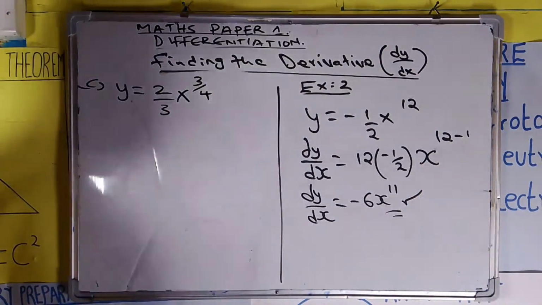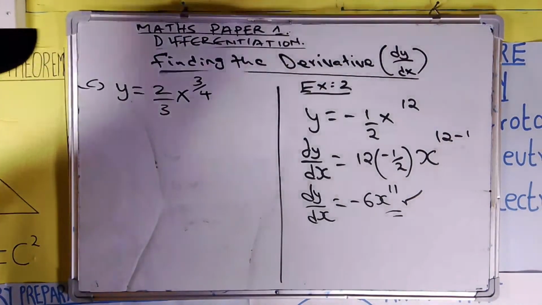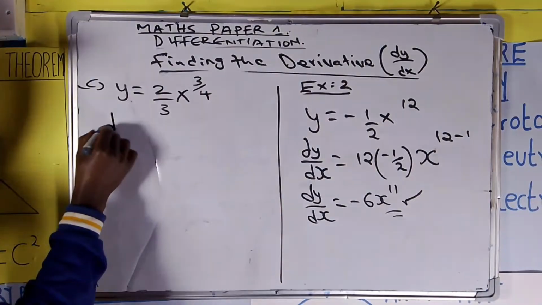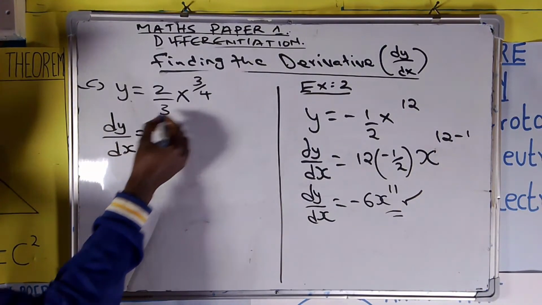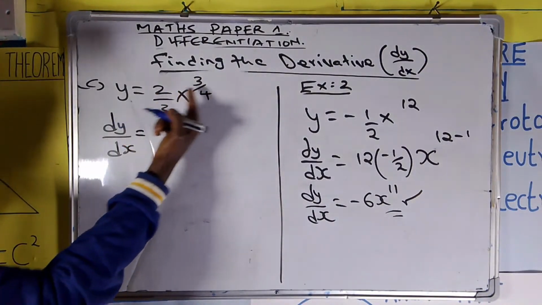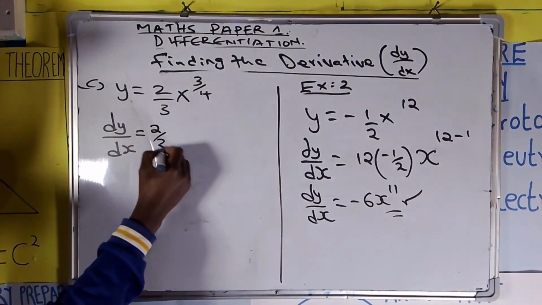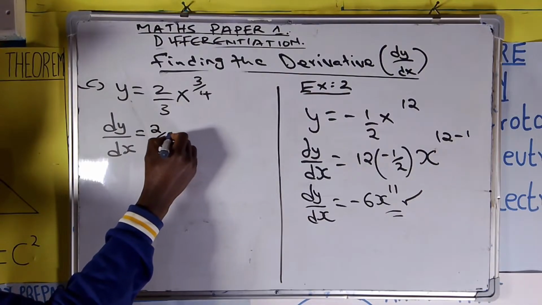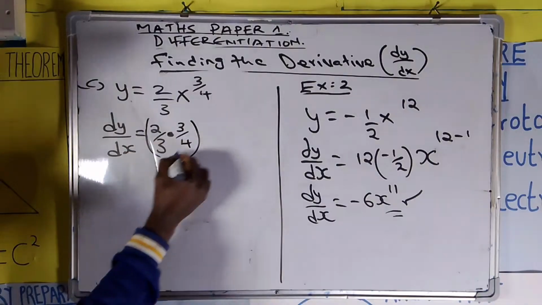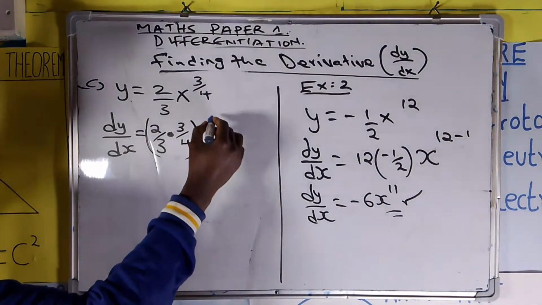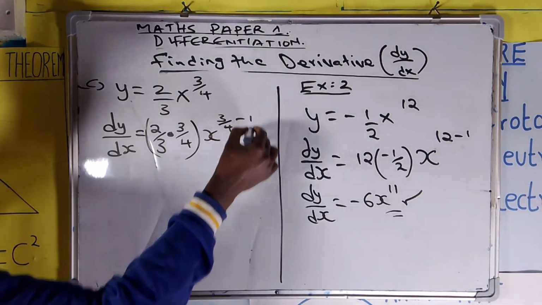In such a scenario, dy over dx is equal to, we will multiply the power by the coefficient, so 2 over 3 times 3 over 4, then x to the power 3 over 4 minus 1.